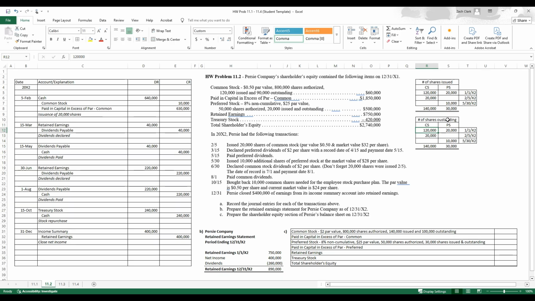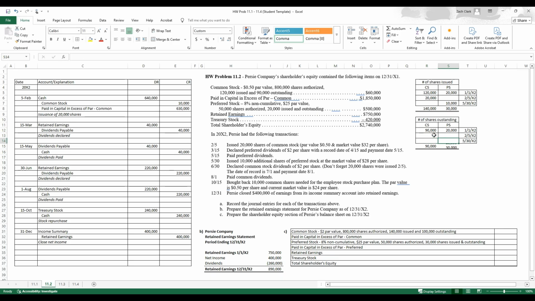So at the beginning of the year, the outstanding shares was 90,000 for common stock, 20,000 issued and outstanding for preferred. So the issued is the same amount as the outstanding for the preferred. The issued and outstanding are different for common stock.